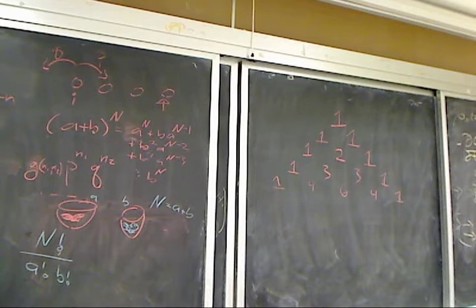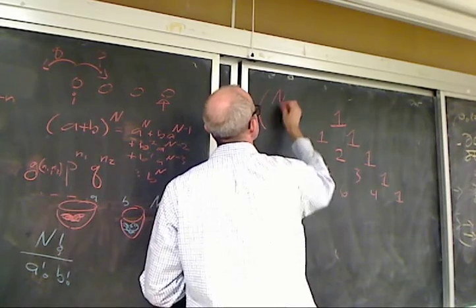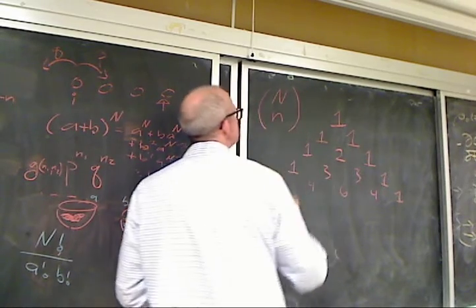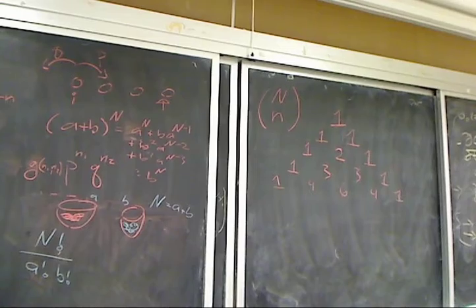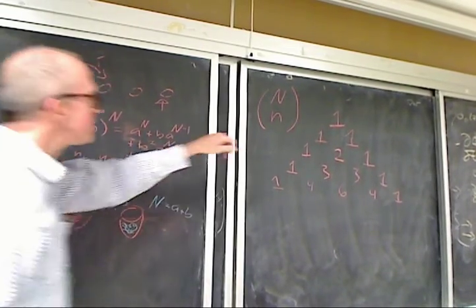This gets a special symbol: big N choose little n, which stands for this factorial expression. Parentheses with big N on top of little n. This is new notation that only gets used this way. It's not a fraction. It is big N choose little n.